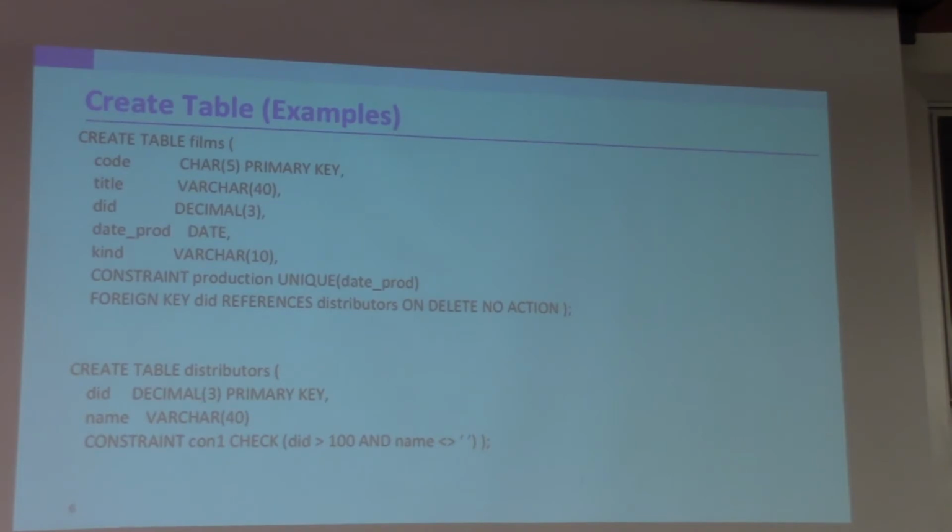You got that point, right? At that point of time, I need to check both the values of the DID and the name over there. So if we have a condition like OR, we have to specify it in the table constraint.